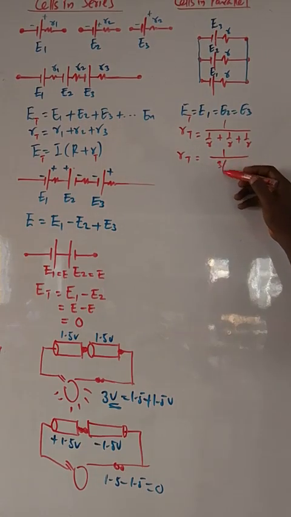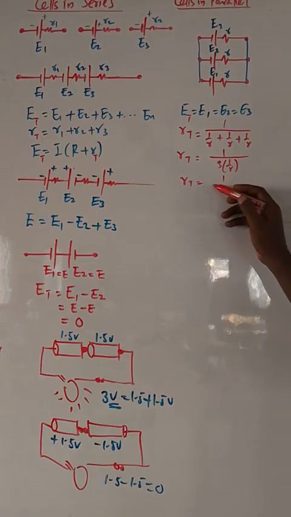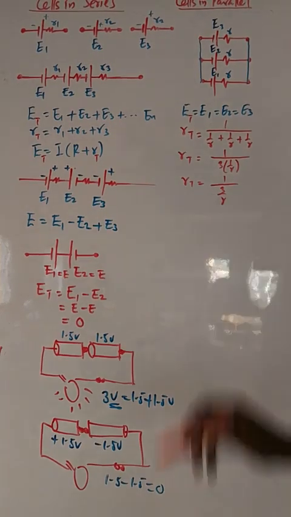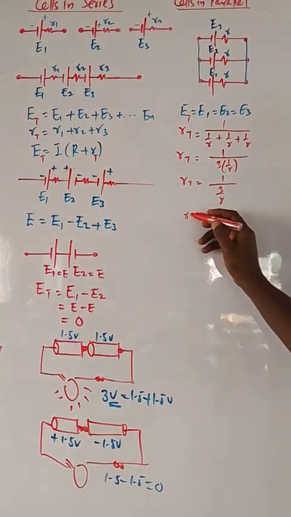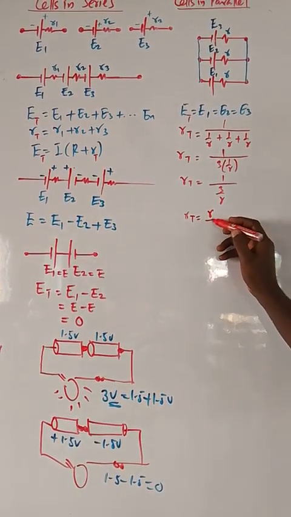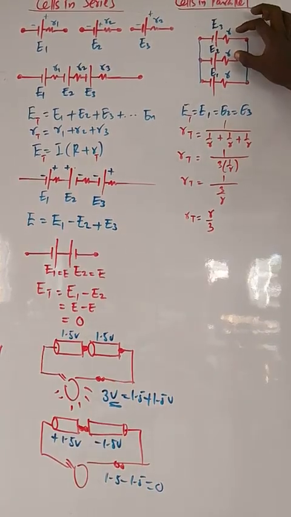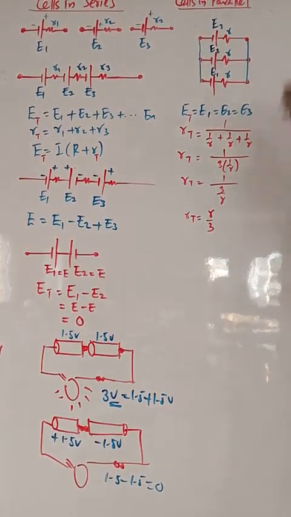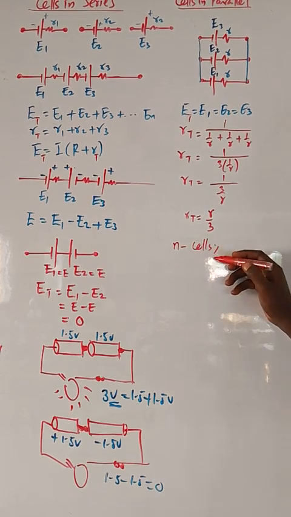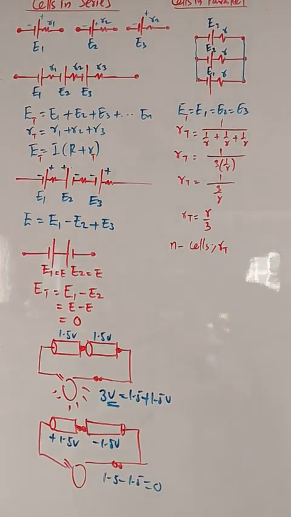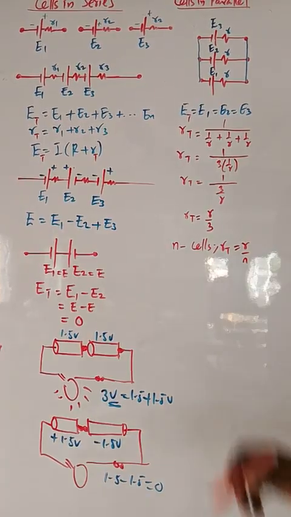That's 3 into 1 over R. You can write it as 1/(R/3). And from here, it means total internal resistance becomes what? R/3. Now, if you have just 2 cells, it will be R/2. 3 cells, R/3. If you have n cells, the effective internal resistance RT becomes R/n.